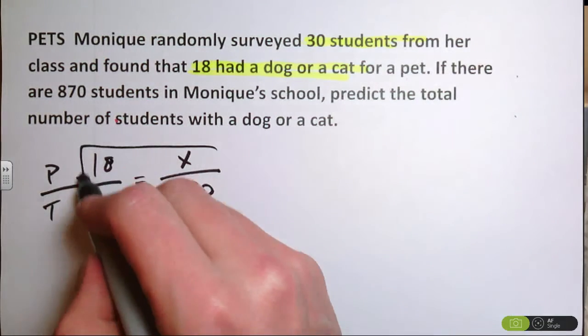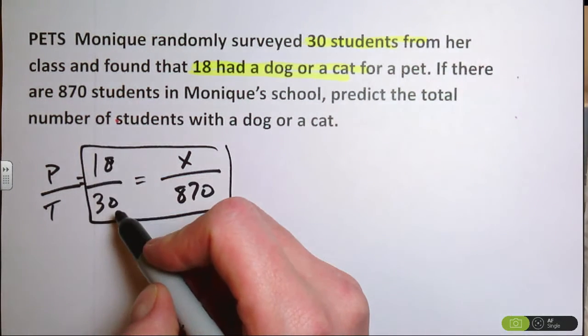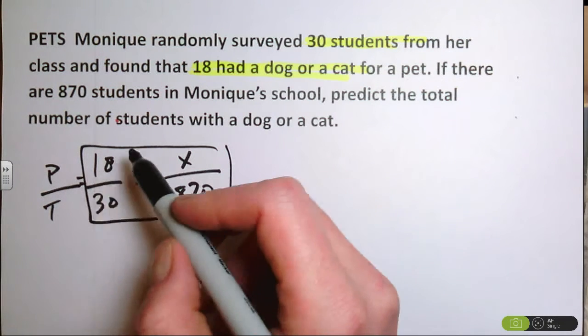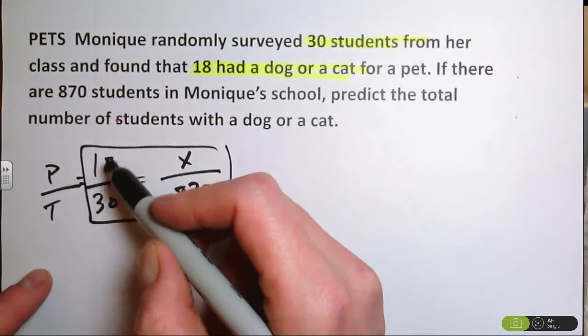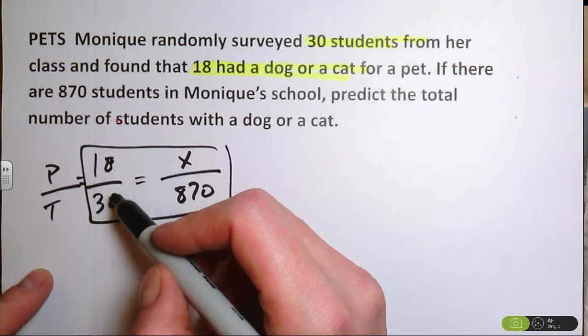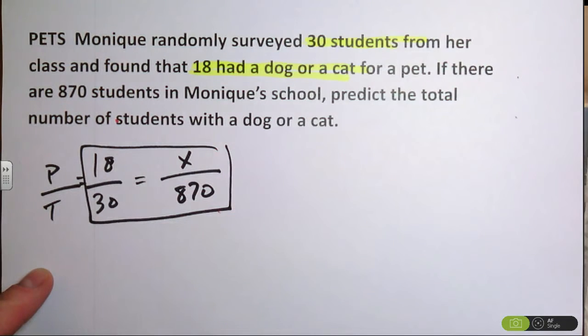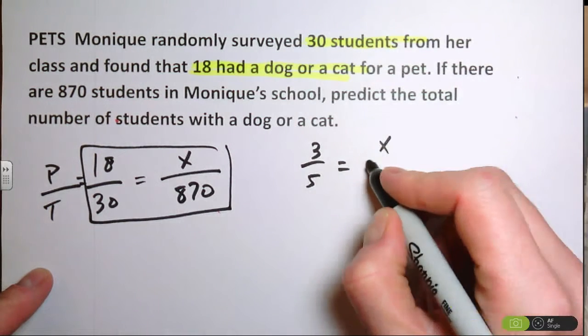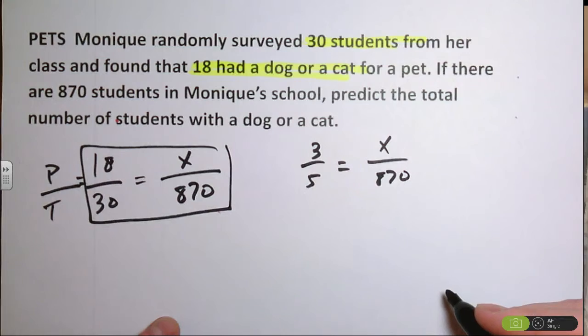So here is our proportion to set up. 18 out of 30 have pets. How many out of 870 would have pets? Now, to me, I would simplify this and divide them out. 18 divided by 30, I can divide both of those by 6. And what I get then is 3 over 5 equals x over 870.